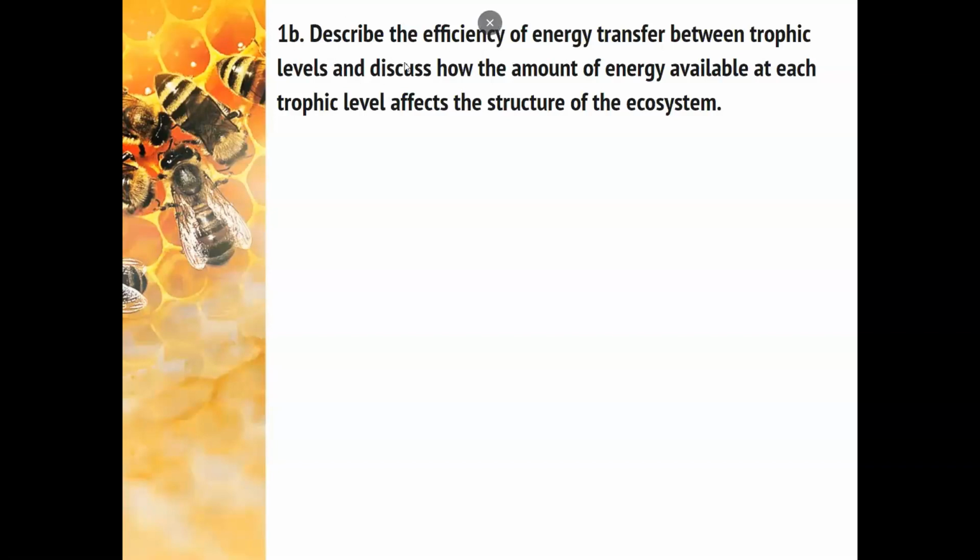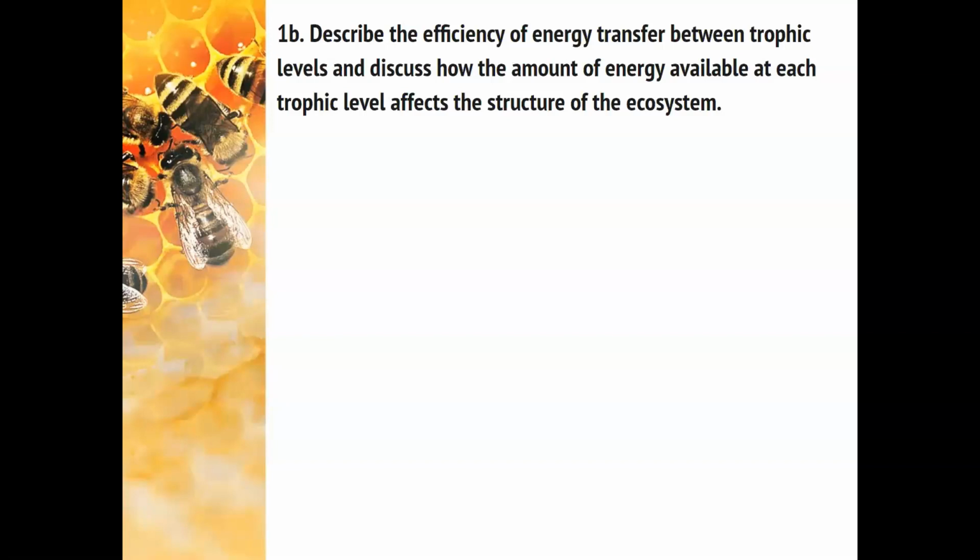So describe is kind of like painting a mental picture. So 10% of the energy being passed on, and you would probably want to talk about what happens to the rest of that 90%. So the rest of that 90% is used for that organism's individual life, right? They're using it for the most part for cellular respiration and cell reproduction. Those are 2 places where the majority of energy is used.